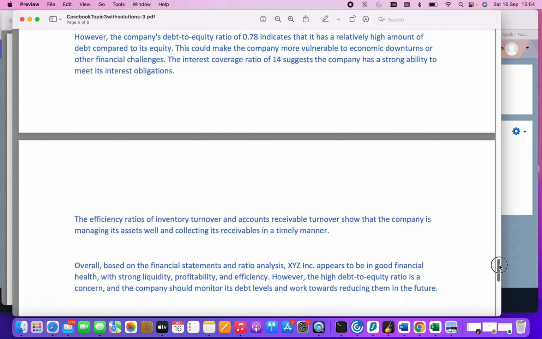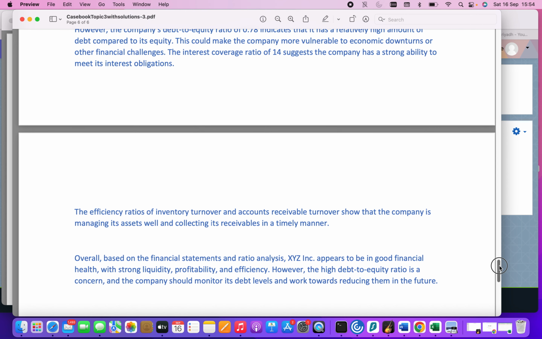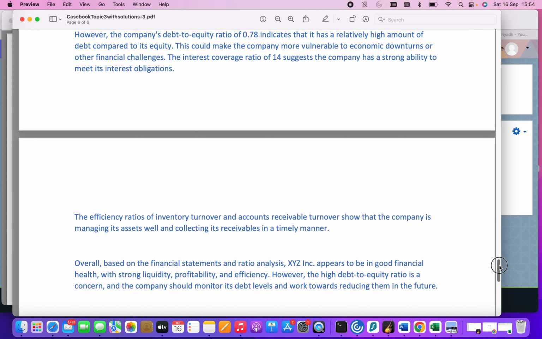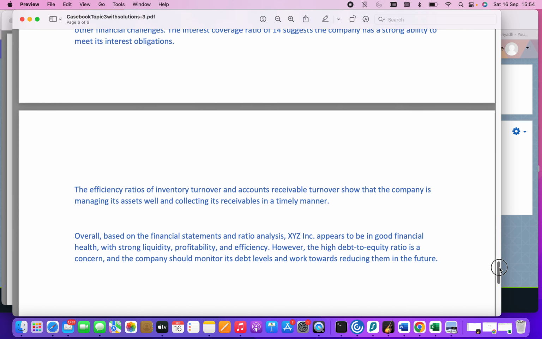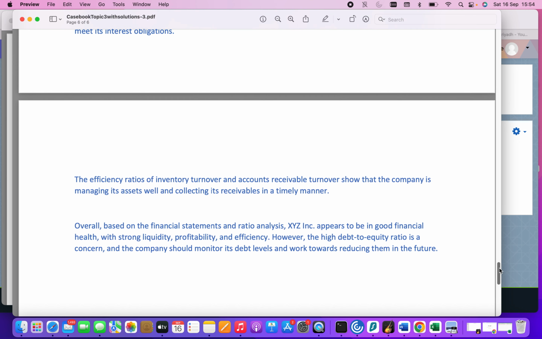So this company appears to be good, with strong liquidity, profitability and efficiency. The high debt to equity ratio is a worry, and managers may want to think of different strategies to deal with this situation and manage the risk attached to this over time.